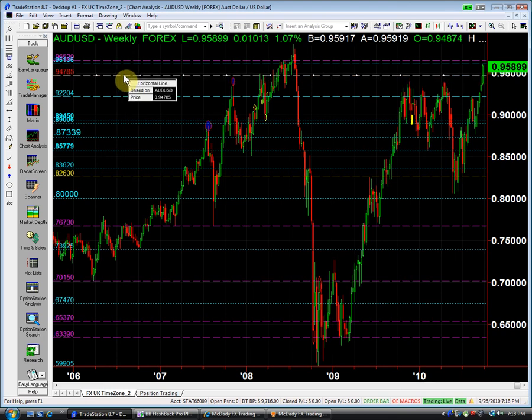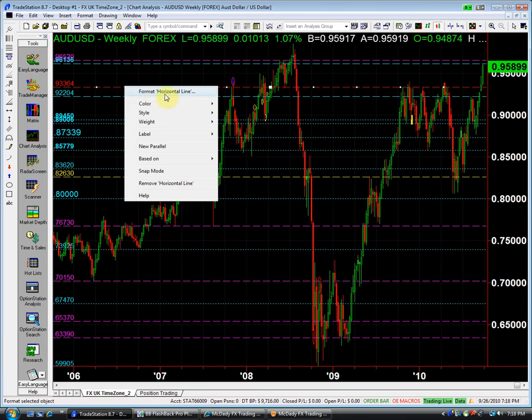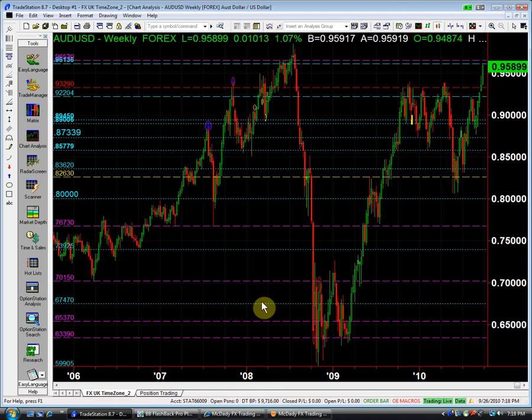The 93.29, okay, 93.29 is this area here, and it's this low which pretty much represented a structure that gave the start of this massive decline.